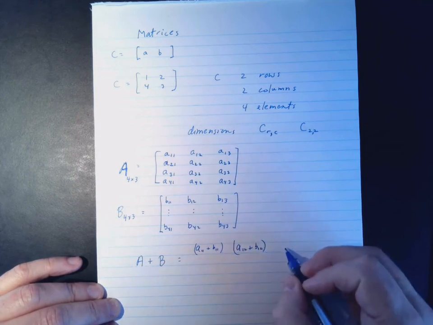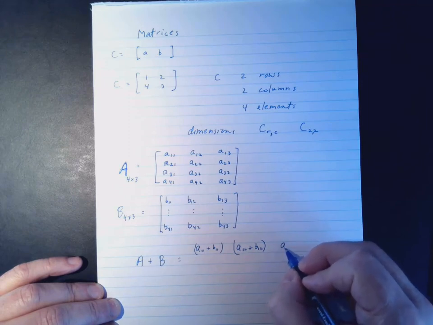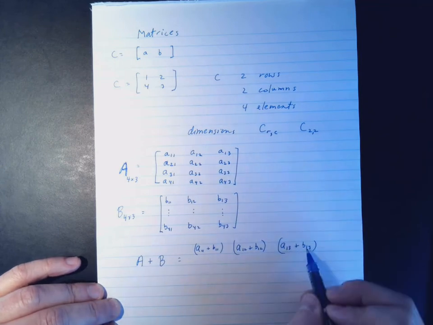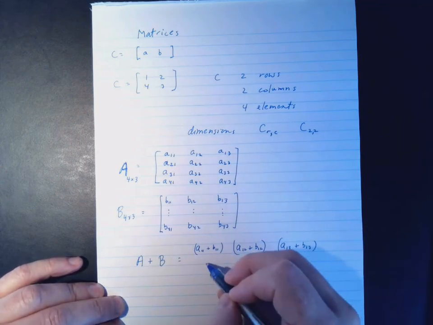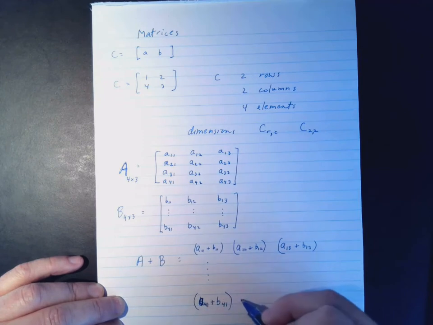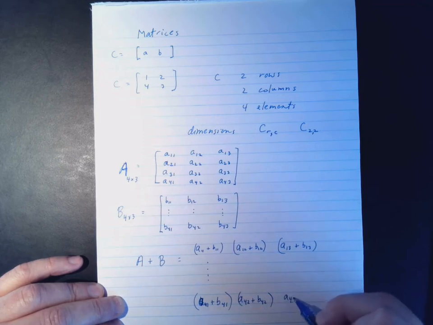That'll be the second along the first row. And then A13 plus B13. That's the third element in the first row. And it'll go down 4 rows, and we get to A41 plus B41. Sorry, that is a mess there. A42 plus B42. A43 plus B43.